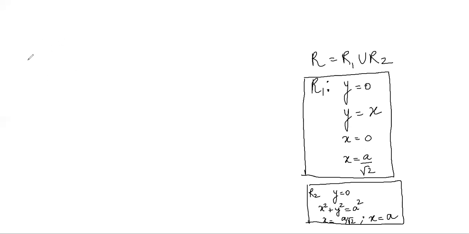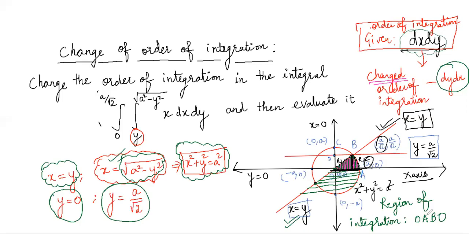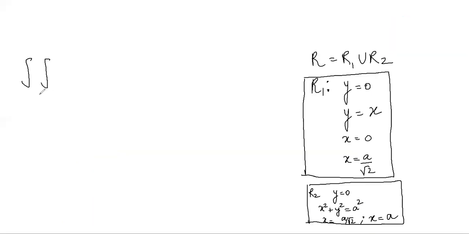Now let us change the order of integration. In the given integral, these are the limits of x, and the upper limit of x is under root a squared minus y squared. The limits on the outer integral in the given double integral, y, are from 0 to a by root 2.